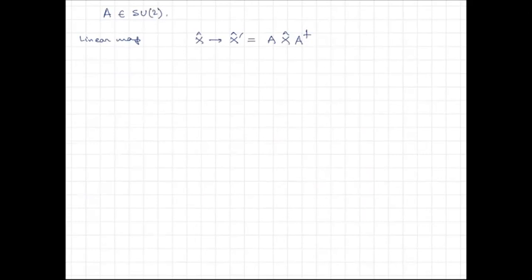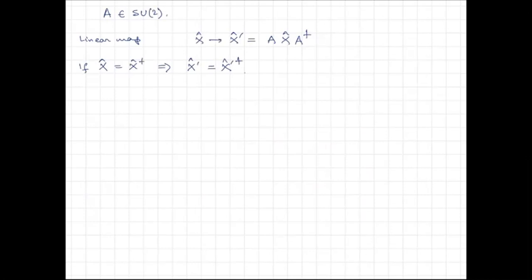So if, as we have seen before, X cap is equal to X cap dagger, we'll also have X cap primed equal to X cap primed dagger, right? Because if you have two daggers on something, that just gives back the original. So this should be clear.